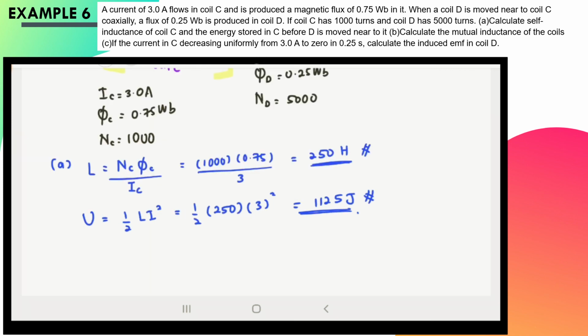So when coil D moves near to C, there is a process that we call mutual induction. So now we want to calculate the mutual inductance of the coils.